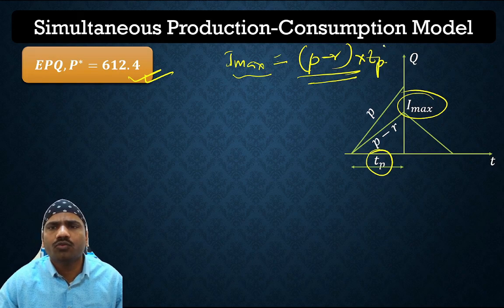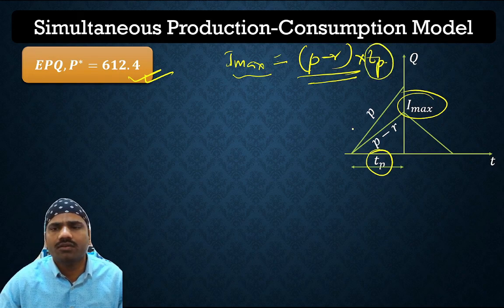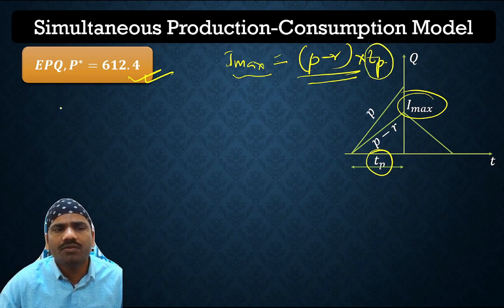So we have to find TP first, and we can find TP by the formula TP equals EPQ, the economic production quantity, by the production rate.